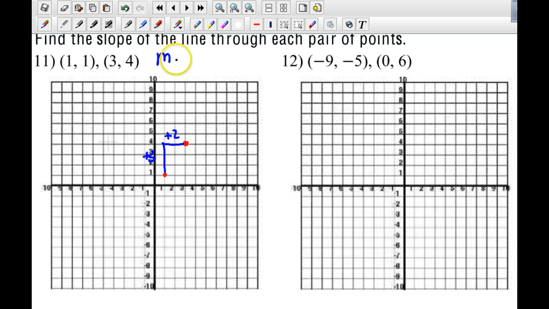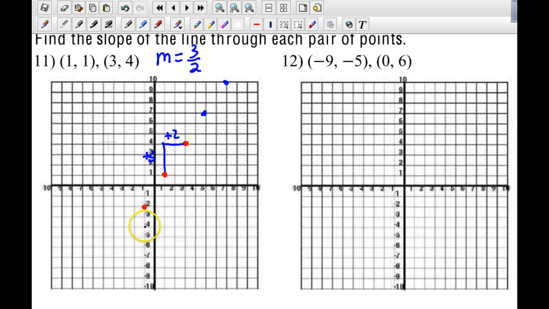So we have a slope of 3 over 2. But don't stop there. Continue it. I want the line to go through an entire graph. So go up another 3 and over 2 and up another 3 and go over 2. And you can also go back to the beginning and go down 3, over 2.